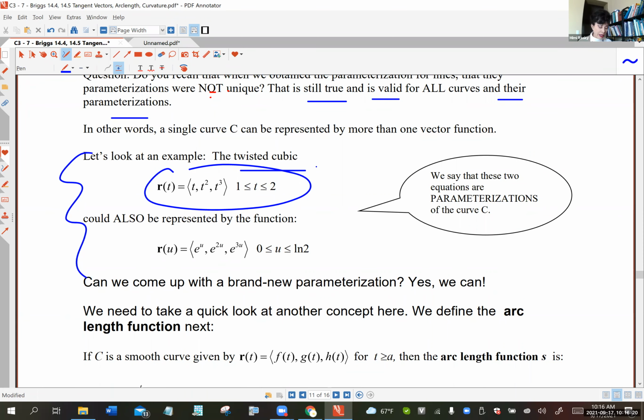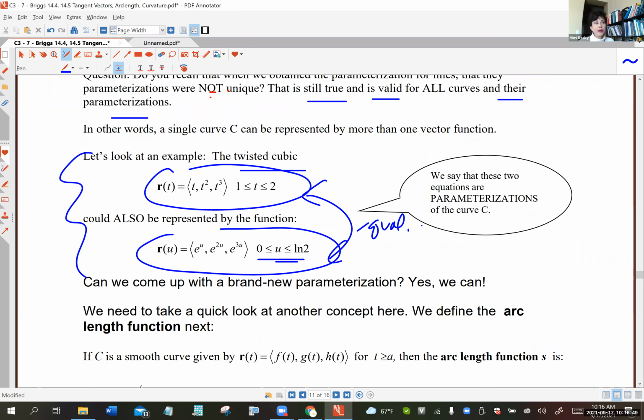And the same curve can be parameterized with components e to the u, e to the 2u, and e to the 3u, where u goes on this interval instead. So these are equivalent. These are equal. The curves match, everything matches. Well, they look totally different, I understand, but they're two different parameterizations of the very same curve.